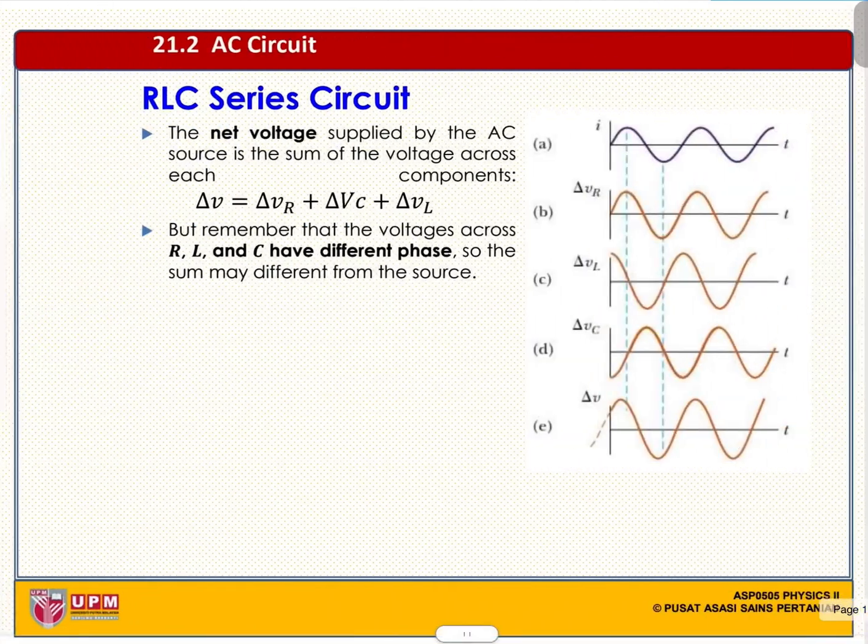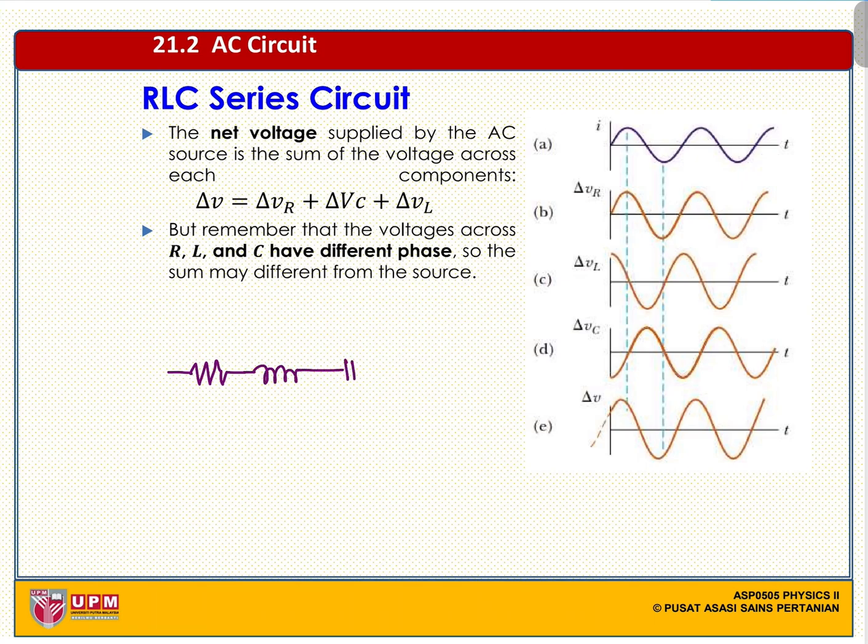Alright? Okay. The net voltage, so kalau kita dah sambungkan ketiga-tiga tu, and you have something like this. This is your resistor. Then you have inductor. Lepas tu you ada capacitor. So sambung dengan AC circuit, AC source.